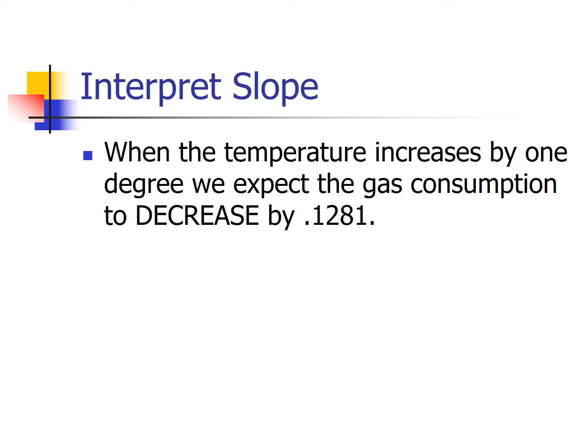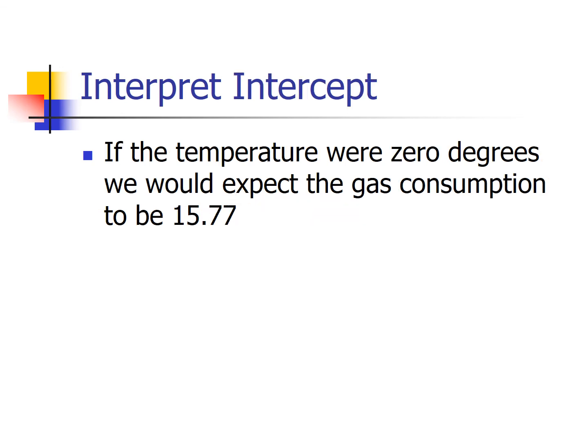Slope says as one increases, how much do we expect the other to decrease? And it turns out that here we say, when temperature increases by 1 degree, we expect gas consumption to decrease by 0.1281 tons. Remember, it's a decrease because that slope was negative. The intercept says, if the temperature were 0 degrees, we would expect the gas consumption to be 15.77 tons. This actually maybe is more meaningful because it can be 0 degrees outside.